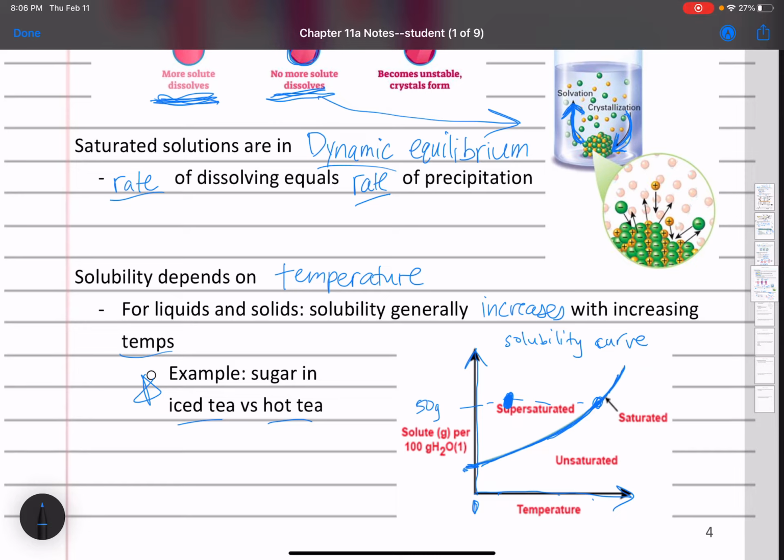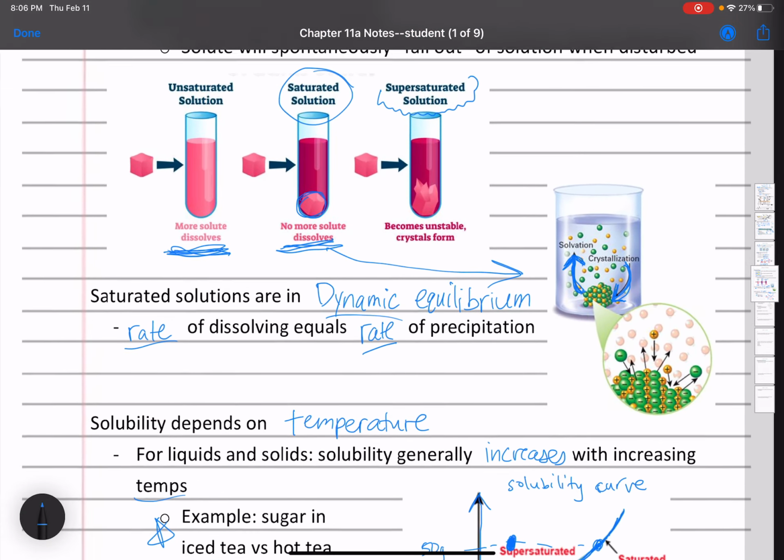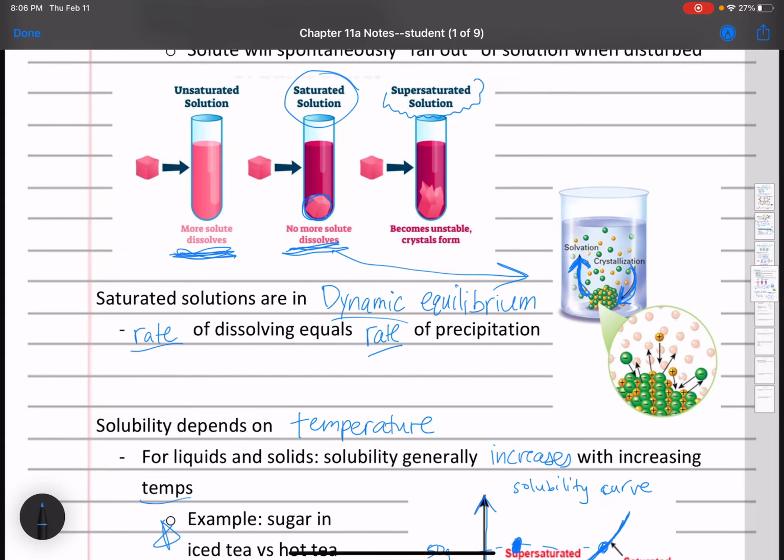But supersaturated solutions are really fragile. They're really sensitive. And if you just touch them or you add a little crystal of sugar or you shake the tube a little, you'll basically trigger the crystallization process and it'll all crystallize right away. So this is actually how rock candy is made, how candies are made.